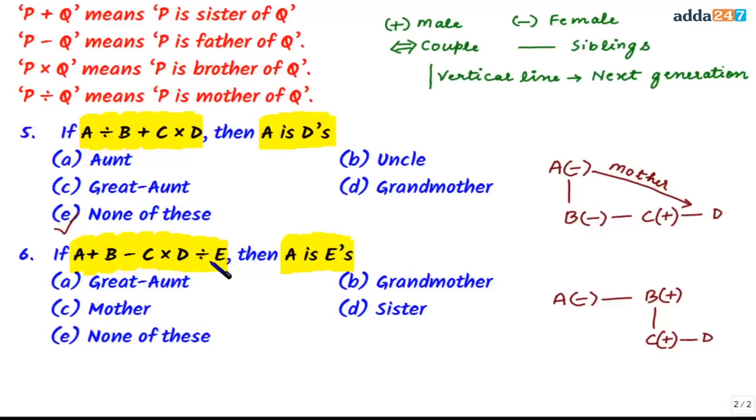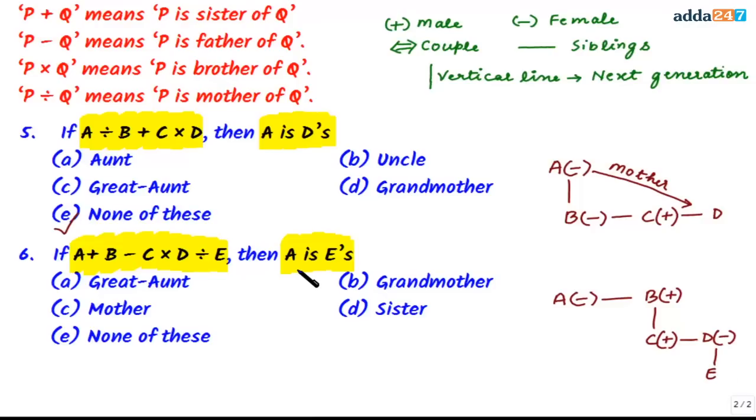And D divided by E. So D divided by E means D is the mother of E. So definitely D is female and is mother of E. So E goes to the next generation.